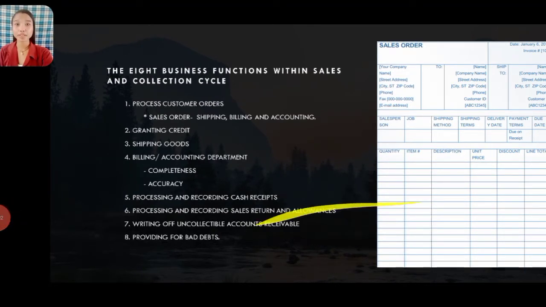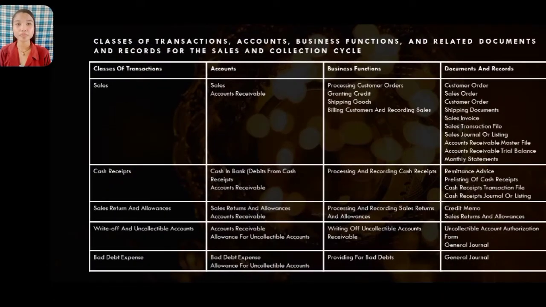Moving forward, here is the summary of the classes of transactions, accounts, business functions, and related documents and records for the sales and collection cycle. So we have 5 classes, which include sales, cash receipts, sales returns and allowances, write-off of uncollectible accounts, and bad debts expense.